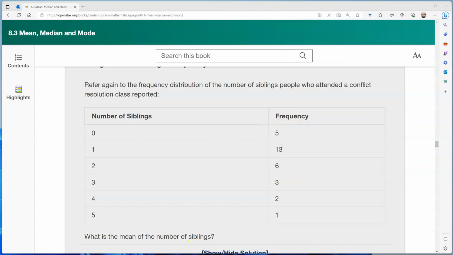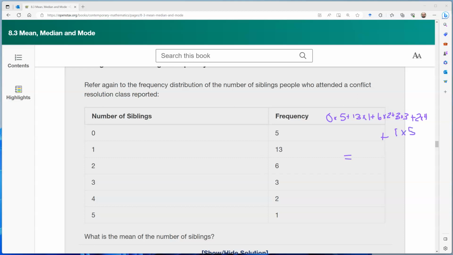So what we're looking for is how to add up all those numbers. We have 5 copies of zeros, so we can say 0 times 5, plus 13 copies of 1, so 13 times 1, plus we have 6 copies of 2, so 6 times 2, plus 3 copies of 3, so 3 times 3, and then we have 2 copies of 4, so we'll do 2 times 4, plus 1 copy of 5.